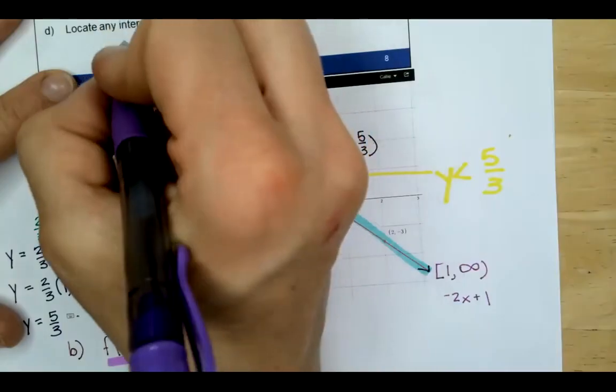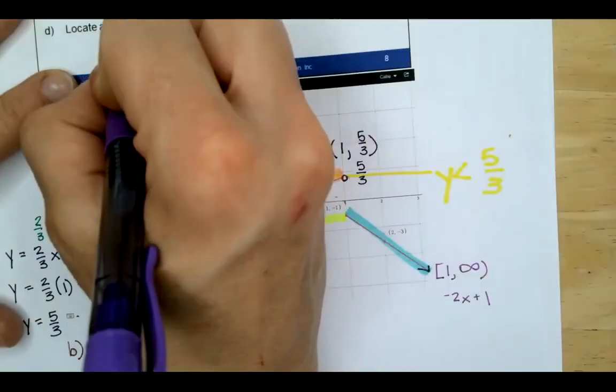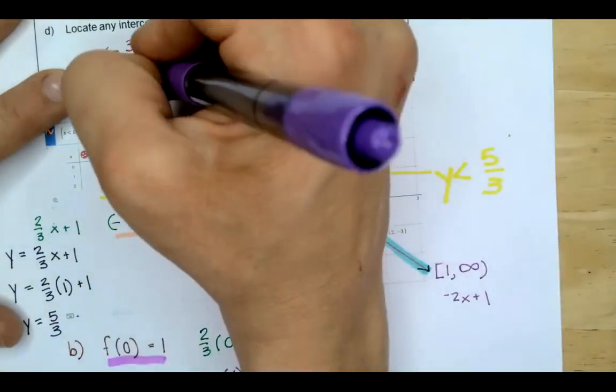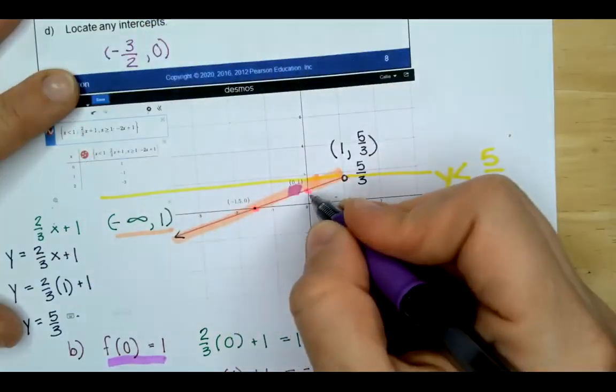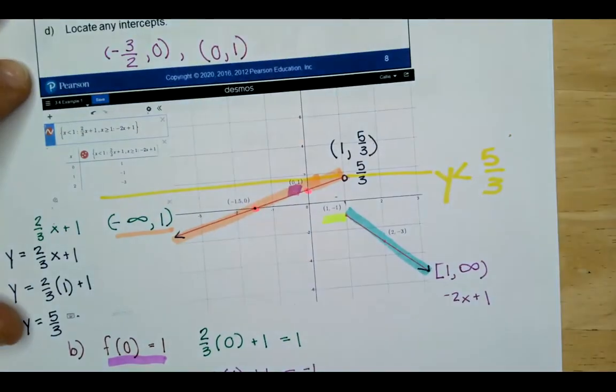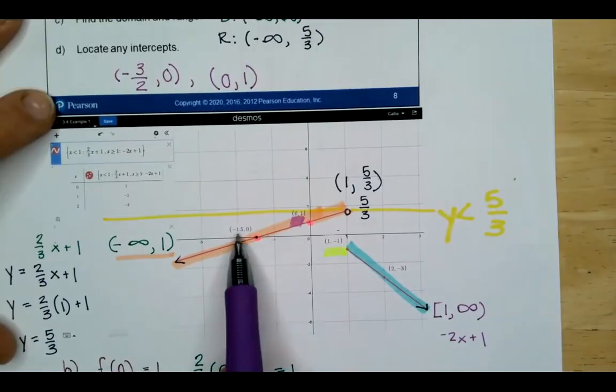Negative 1.5 would be negative 3/2, and they already give us that one, 0, 1. And they didn't say to put it in fraction form, so maybe it's okay to just put negative 1.5.